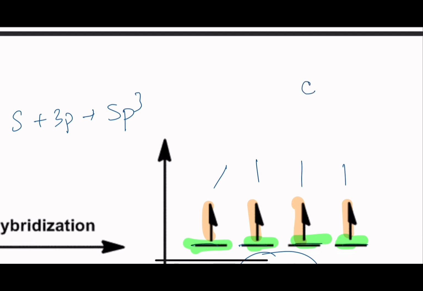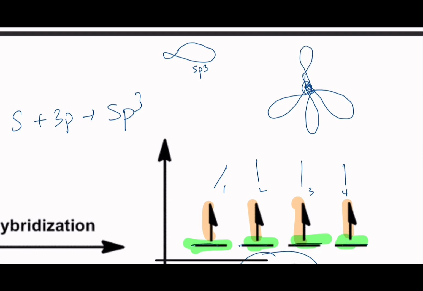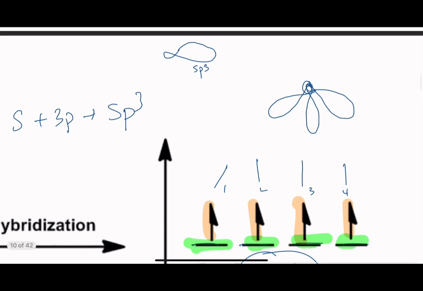So I have this carbon in the middle. I made a new hybridized orbital, right? It's called sp3, and I have 4 of them. I start locating them like this. Sorry for the drawing, but this is approximately right, and I will try to make it prettier.